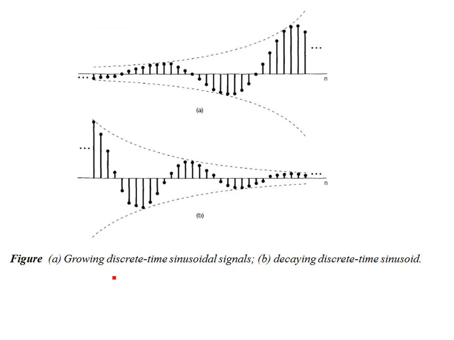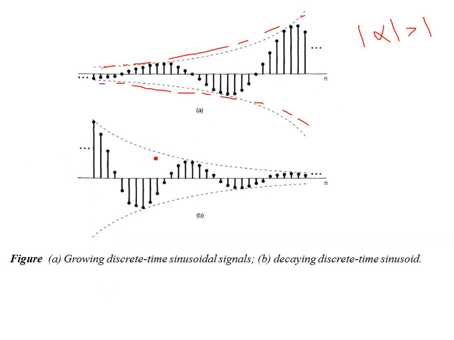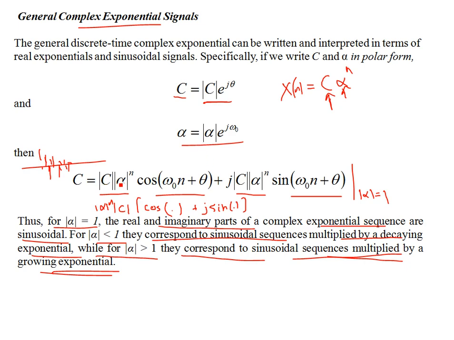You can see this over here. You have a growing exponential, or you can have a decaying exponential. This envelope is the shape of the samples, and this case is for alpha greater than 1. This is a growing discrete time sinusoid. So for alpha greater than 1, the sinusoidal sequence is being multiplied by a growing exponential. The envelope is growing with the discrete time index, because the magnitude of alpha is greater than 1.